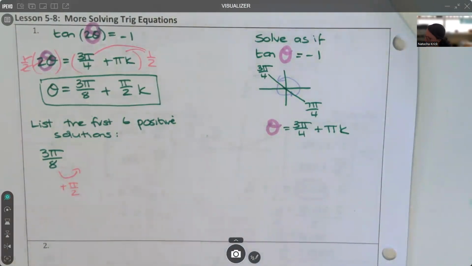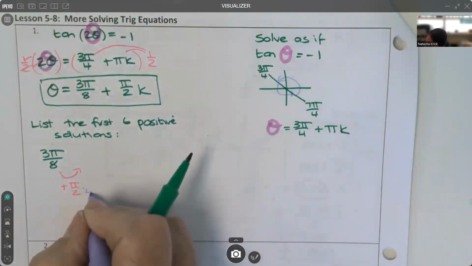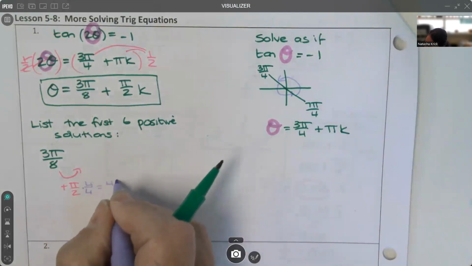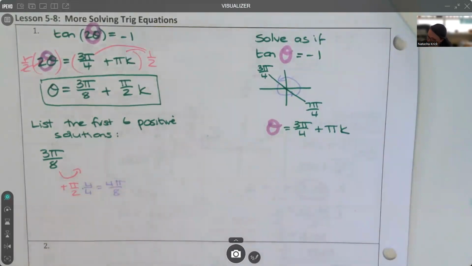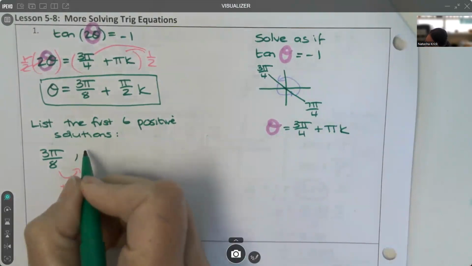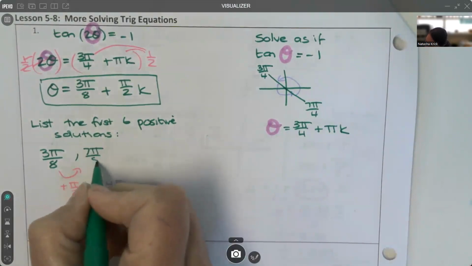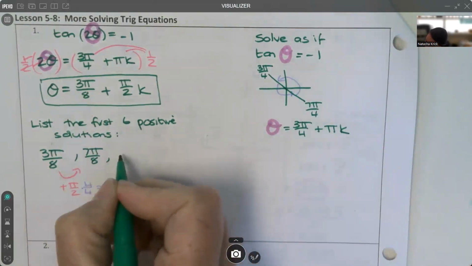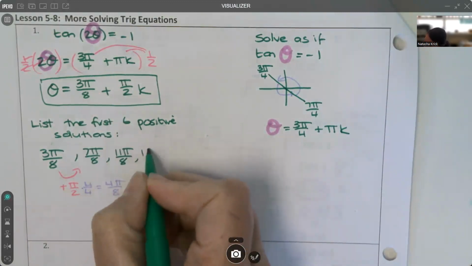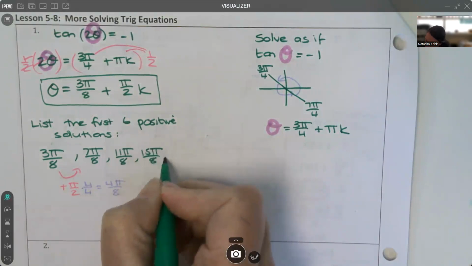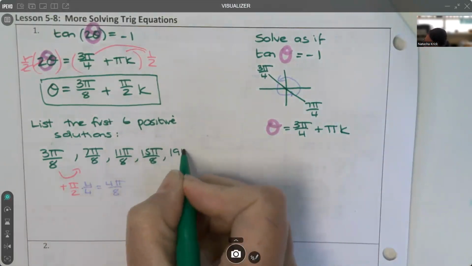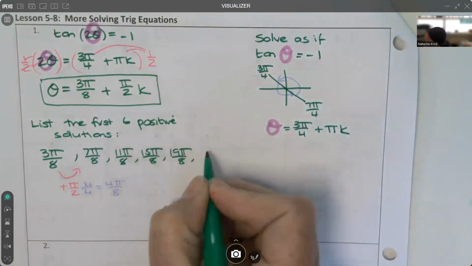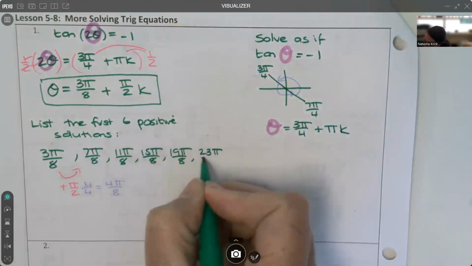Well, it's helpful probably to get a common denominator here so that we can think of pi over 2 as being equivalent to 4 pi over 8. And so we can add 4 pi over 8, and that's going to be 7 pi over 8. And then we'll add another one, we'll get 11 pi over 8. And then we'll add another one, 15 pi over 8. And add another one, and another one, and we could keep going until whatever it is we're trying to do.